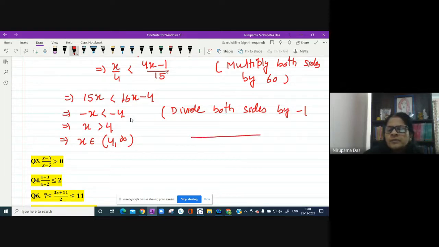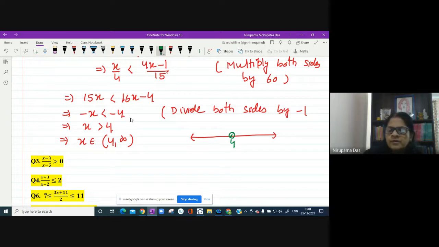Now represent the solution on the number line. Draw the number line. Then you write here 4. Okay, so then greater than 4. Now here you see 4 is not included. I am making a blank circle, a hollow circle here. Unlike the previous case, where we have taken a dark circle.